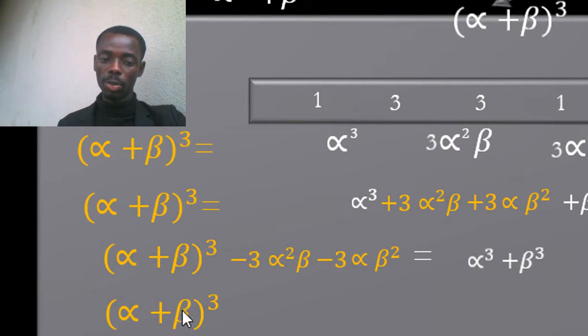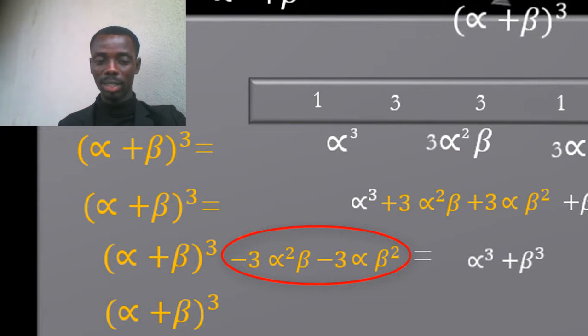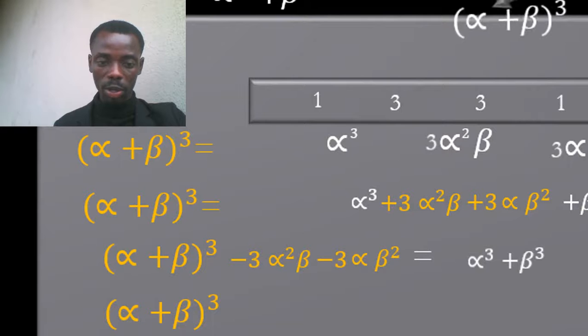Everything here must conform to alpha plus beta or alpha beta. Alpha plus beta is already conformed to one of the values I need, but all these values also have to conform to what I need, and I can only get that done through factorization.